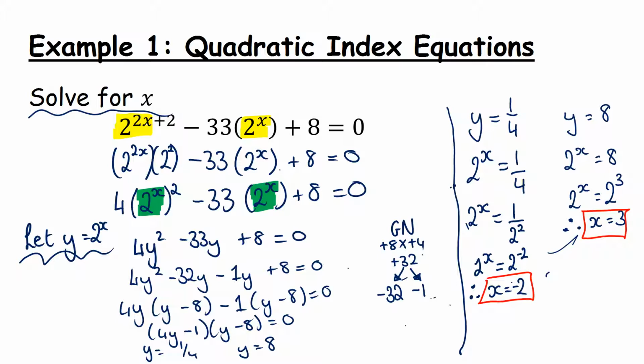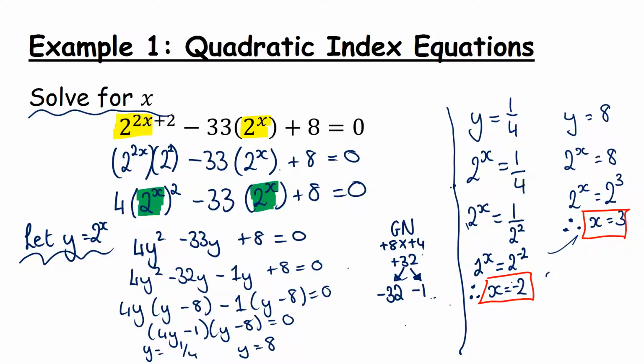We'll use the guide number method here to help. The guide number in this case is plus 8 multiplied by plus 4, which gives me plus 32, and we're looking for the factors of 32 that will give me minus 33. Since it's a plus 32, the signs are going to be the same, so it looks like we're going to use 32 and 1, and both will be negative because we wanted to add to minus 33.